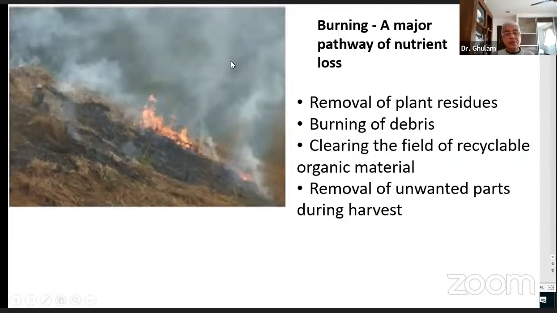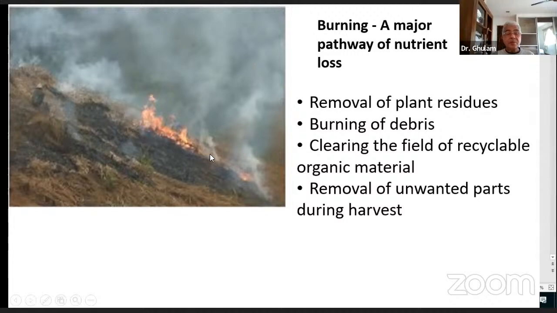Apart from soil erosion, which is a major soil process where both soil and nutrients are lost from the field, other practices include burning. Burning will cause a rise in temperature of the soil, which will then drive away the microorganisms, and also cause reactions that will release gas into the atmosphere.